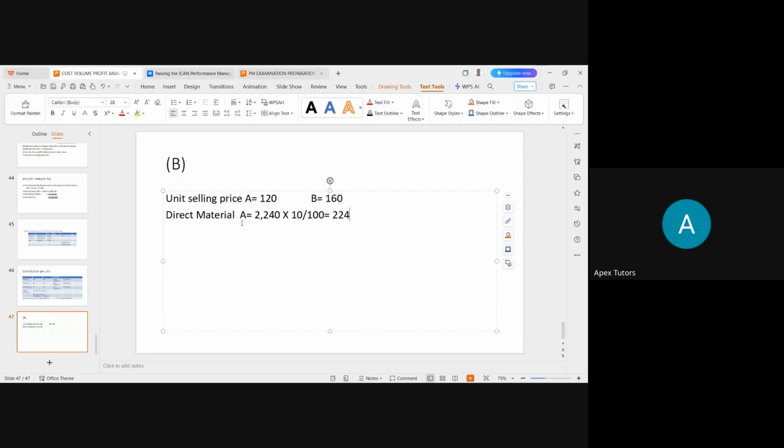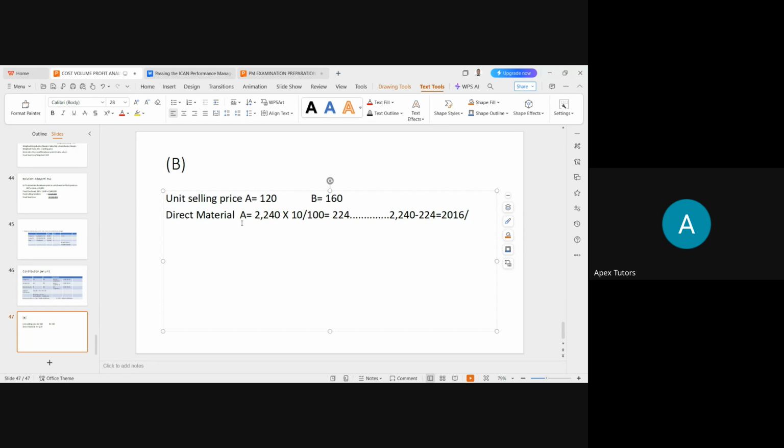So for you to know the reduction now, it will be 2240 minus 224. The new value will be 2016, right? Now, this is the budgeted.